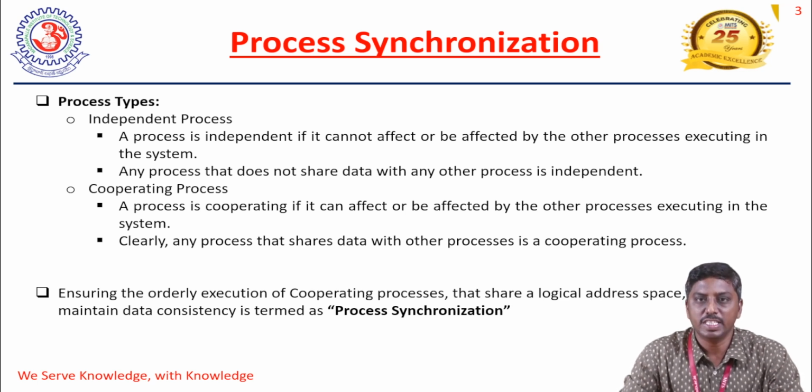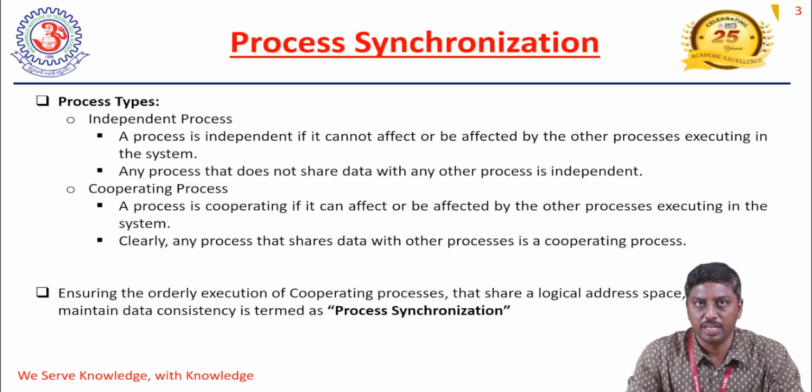When all these cooperating processes are running, we need to ensure their orderly execution while maintaining data consistency. The term data consistency is very important. That orderly execution which maintains data consistency is called process synchronization. Clear?